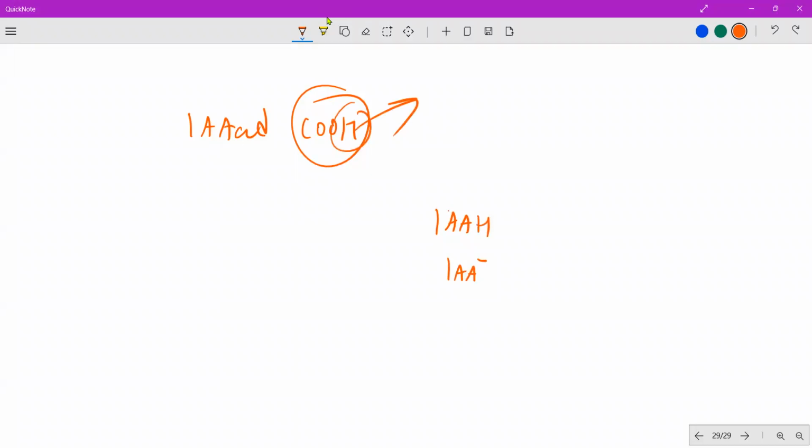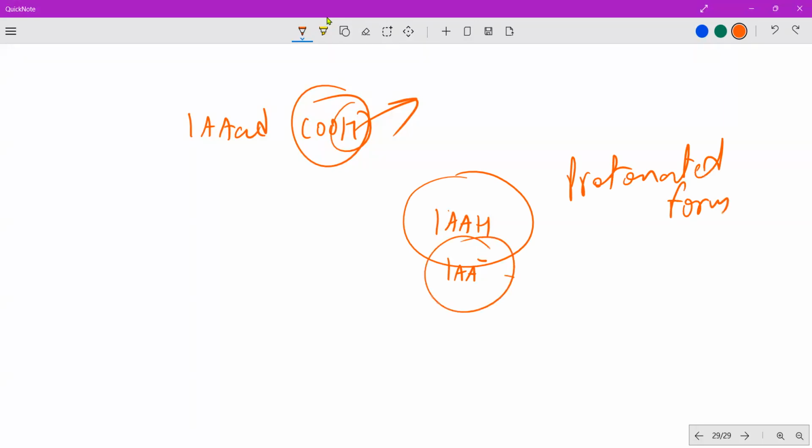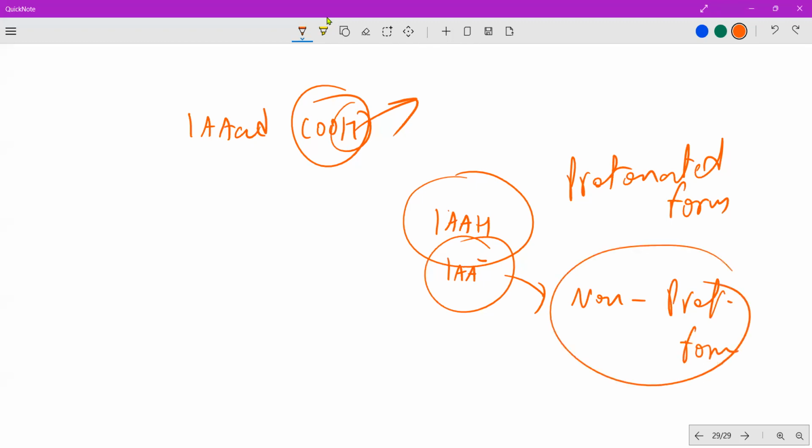तो जो auxin है, one of the main auxins which is found in plants, indole acetic acid, it can exist in the plant in two forms. This is the protonated form of auxin. And this is what? This is the non-protonated form, where it is existing as an anion. यहाँ पे anion है और यहाँ पे एक molecule है, where it has no charge.